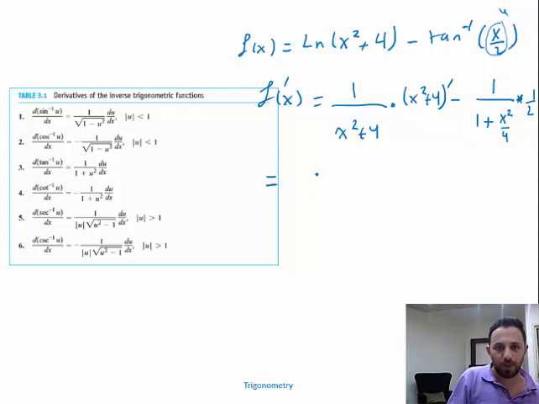Which is equal to the derivative of x square plus 4, which is 2x over x square plus 4, minus 2 multiplied by 1 is 2 over 4 plus x square, multiplied by 2, so x square over 2.